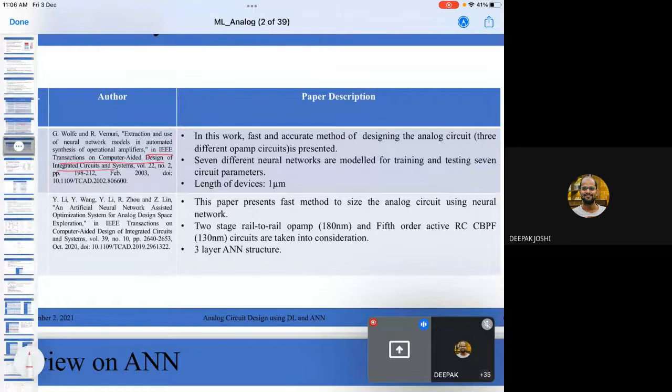So now you can see the extended use of neural network models. They are training their model, generating it first, then testing it, and then producing the results. So this is the general flow of the working.